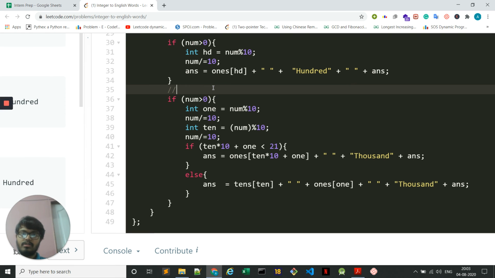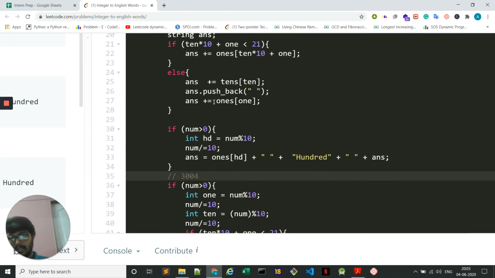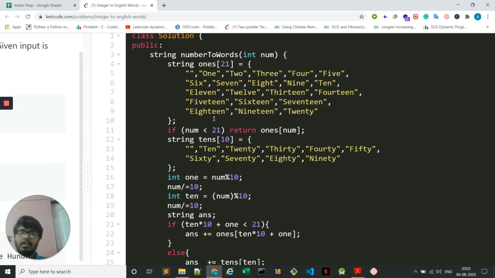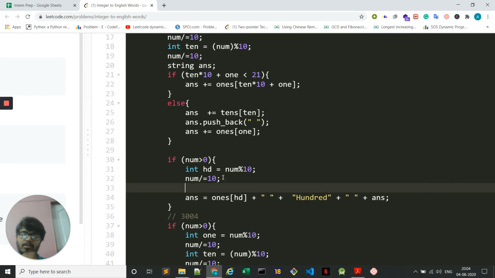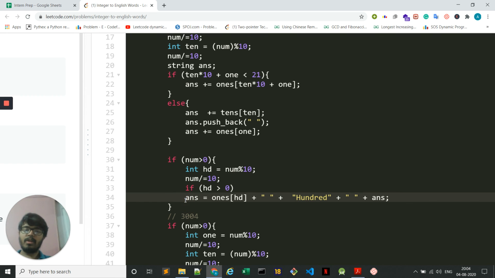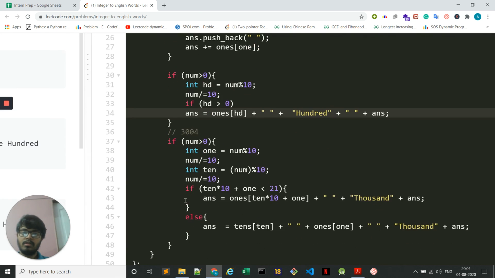Let us say the example is 3004. In that case, first of all we will have 4, because in the hundreds we will have an empty string. So what we need to check now is if HD is greater than 0, then only apply this. Otherwise there is no need.